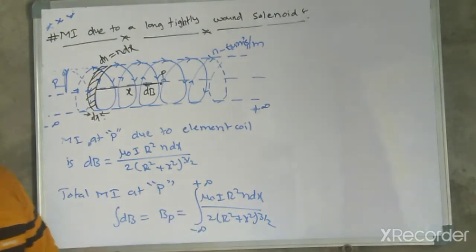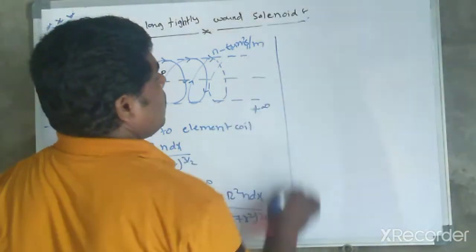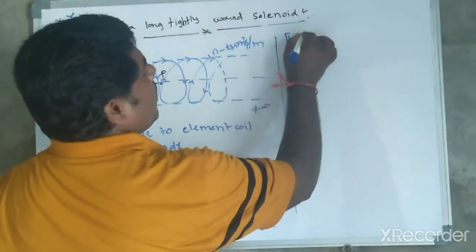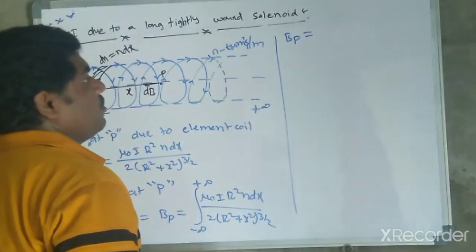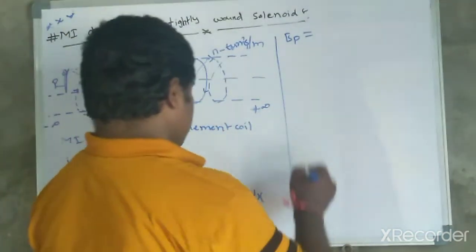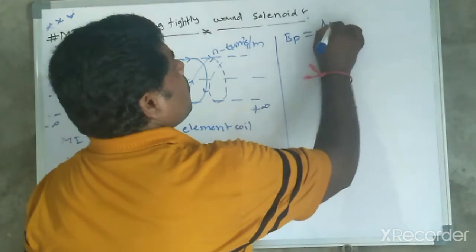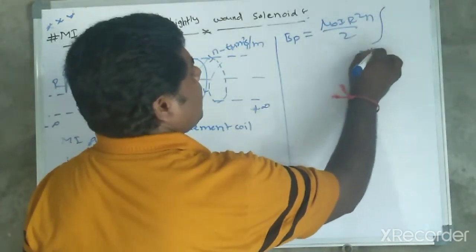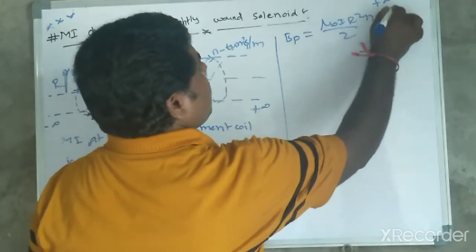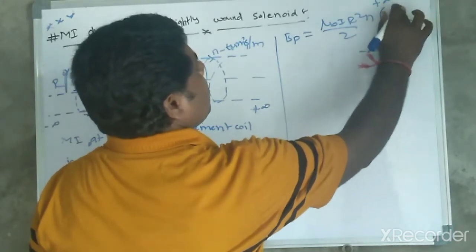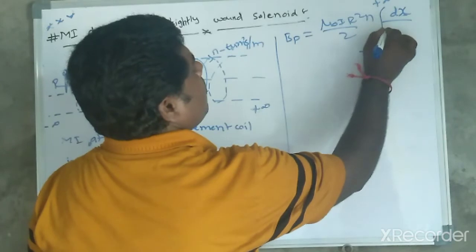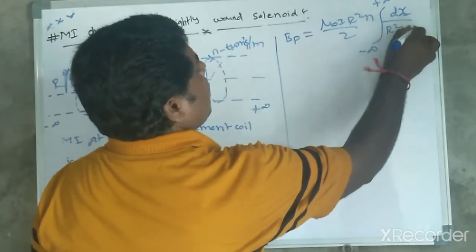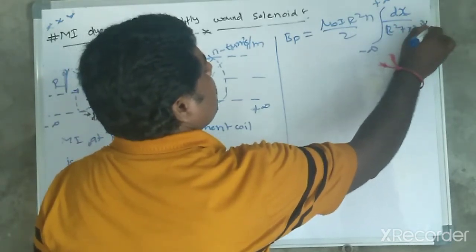Here only x is variable. That's why the magnetic field at point P is equal to mu naught I r square n divided by 2, integral from minus infinity to plus infinity of dx divided by (r square plus x square) whole power 3 by 2.